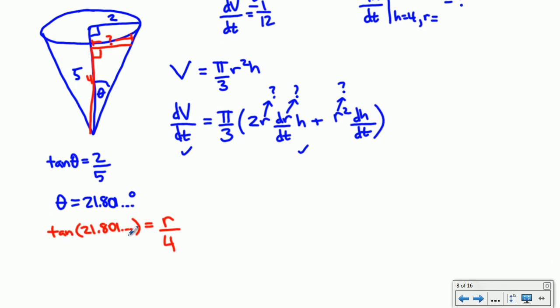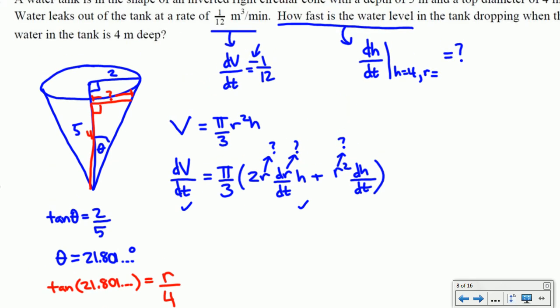So tan of this thing works out to be 0.4 exactly. And then multiply both sides by 4, that's the radius. So it turns out that the radius is 1.6 meters when the height or the depth is 4 meters. So now we have that piece, which is great. So that's taken care of.